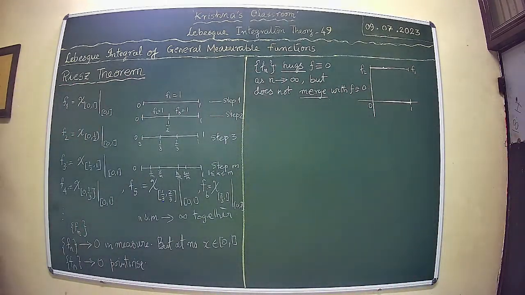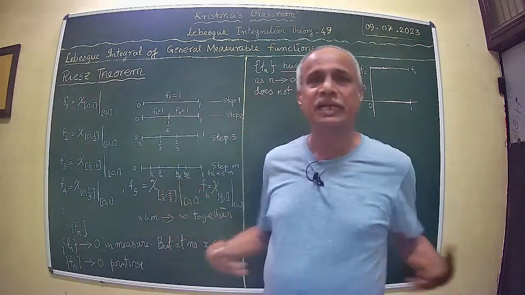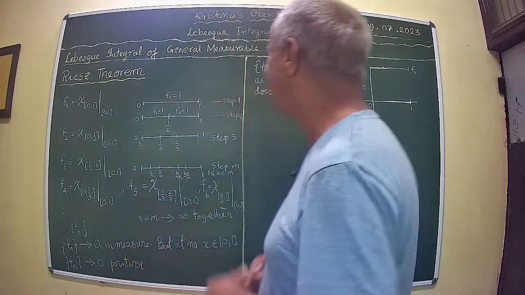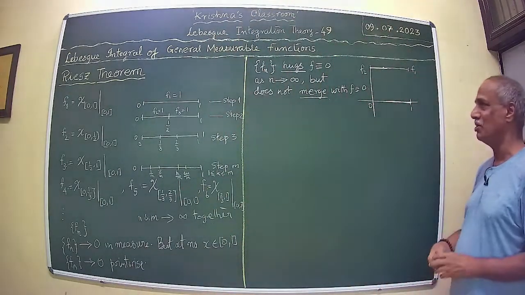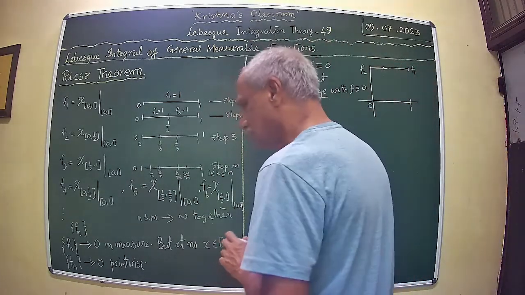So it doesn't immerse into f equal to 0, but it goes and hugs 0. This is a very interesting phenomenon. So this is what you call the convergence in measure.